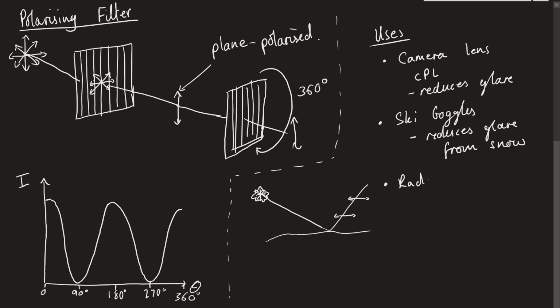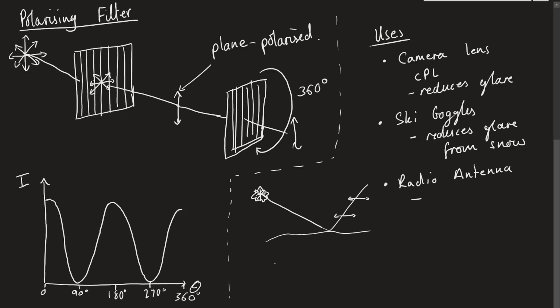The last use is radio antennas. Okay, so these radio waves, when they're emitted from a radio station that you'd have to pick up in order to tune into it, the waves that are emitted by the station are originally plane polarized, which means that if we have the antenna aligned in the wrong plane, we're not actually going to detect any signal, so we won't get to hear the radio show or anything like that.